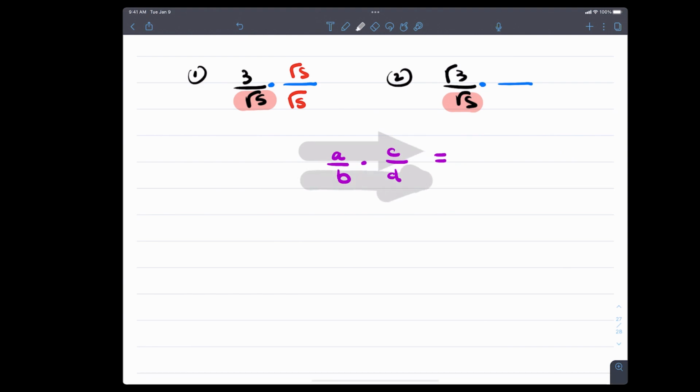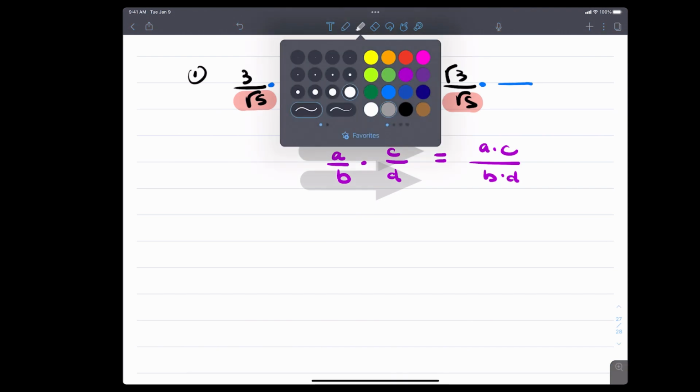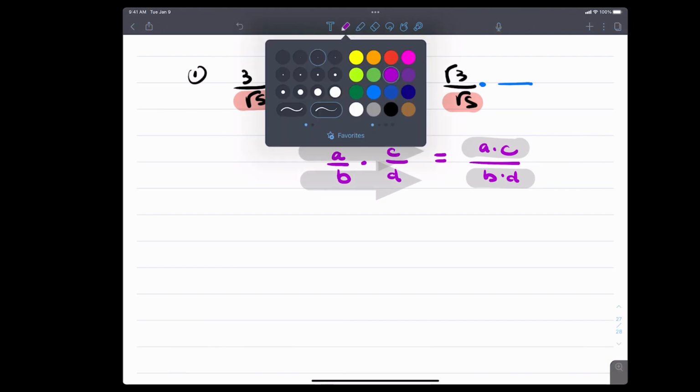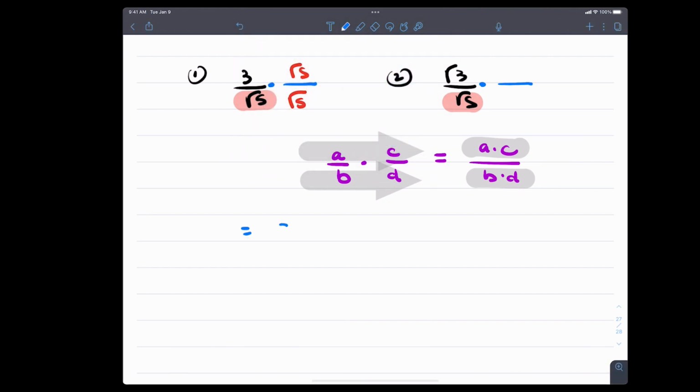Straight across, which is A times C over B times D. So what that gives you here is 3 times the square root of 5.